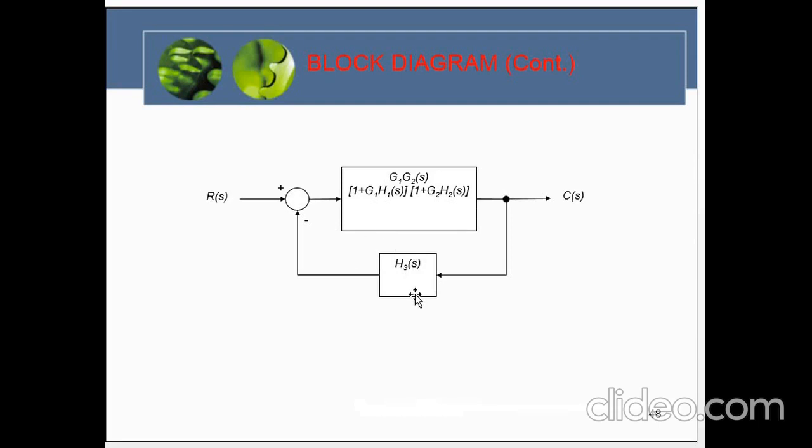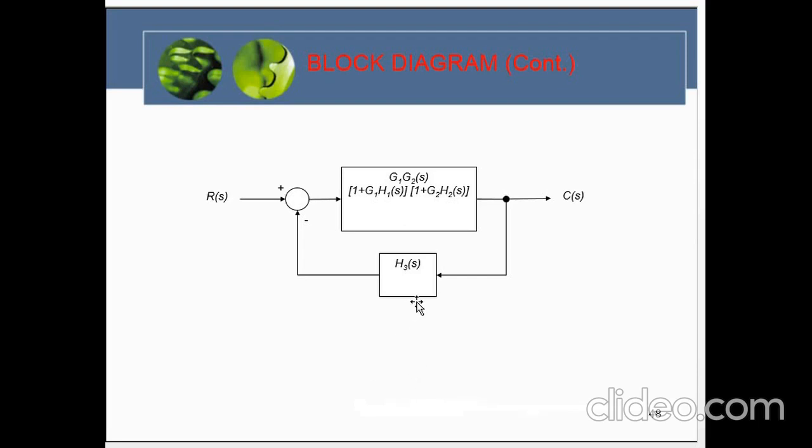feedback. Okay, because this is negative feedback, we know that for negative feedback the transfer function is forward gain over 1 plus loop gain.